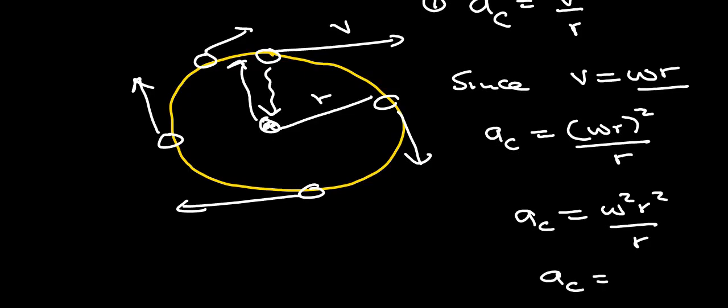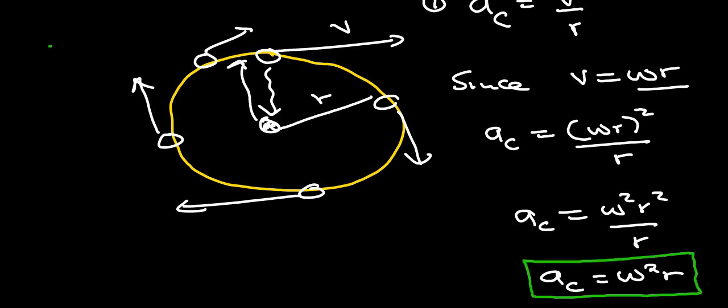One r and one r cancel, giving another version of centripetal acceleration, omega squared r. When you have angular velocity omega, you can use it to get centripetal acceleration too. Is this okay?